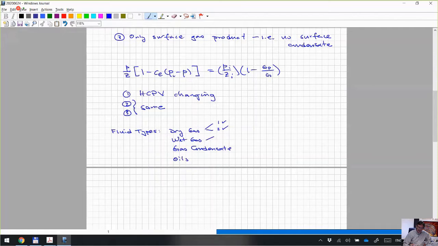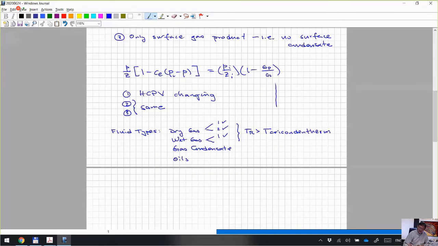But for the wet gas, 1 is a check mark because you never see liquid in the reservoir. In a wet gas, basically these two both have reservoir temperature greater than what's called the cricondentherm.